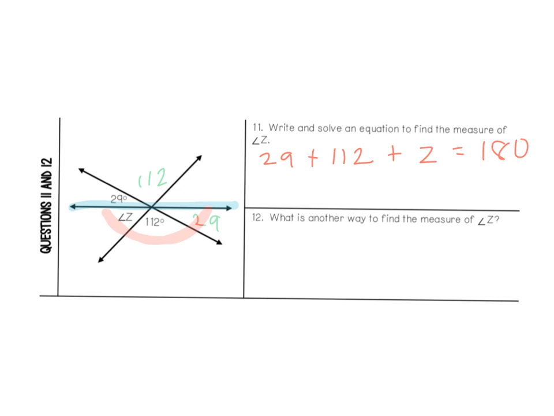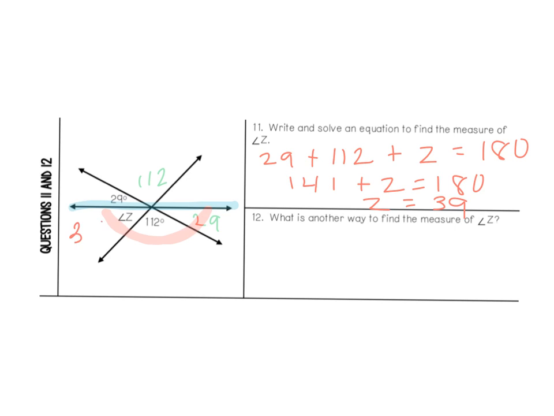So I'm going to say 112 plus 29, which is going to give me 141, plus Z equals 180. And if I subtract 141 from 180, that is going to give me that Z is equal to 39.